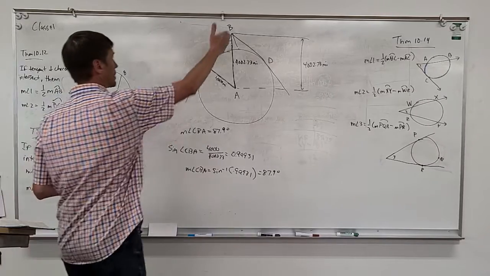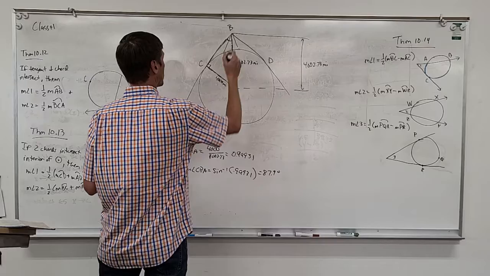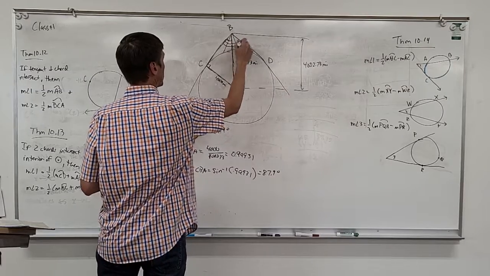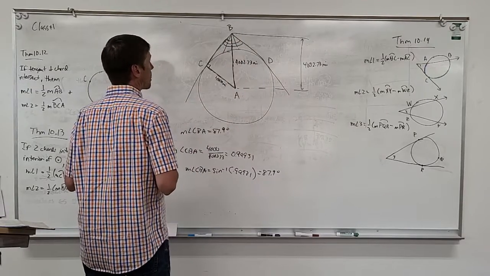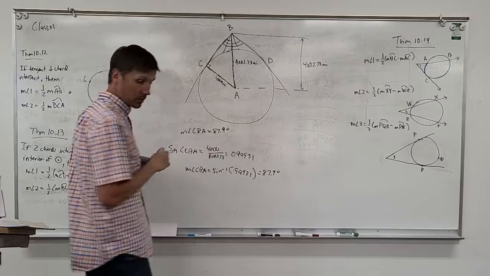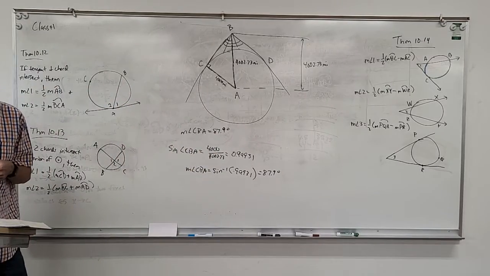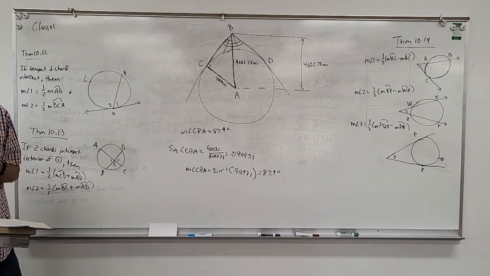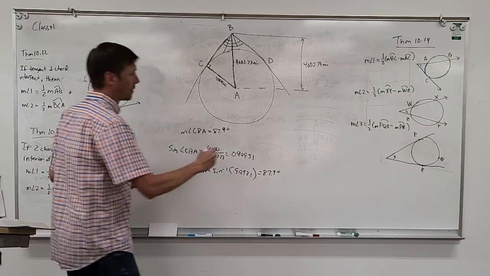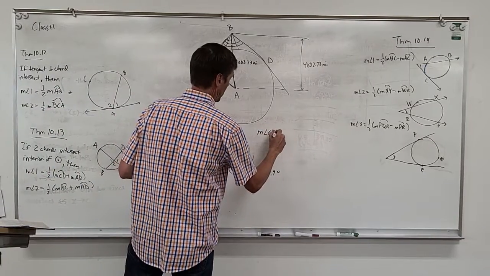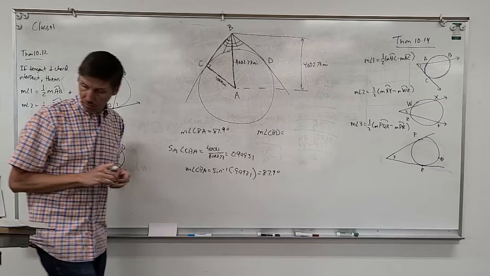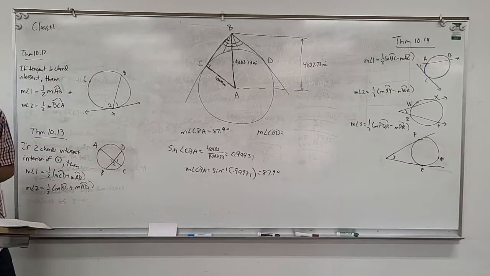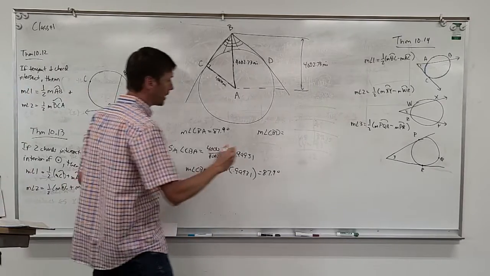This line as it comes down here bisects that, so that this entire angle has got to be that times 2. So 87.9 times 2 would be the measure of angle CBD is equal to 175.8 degrees.